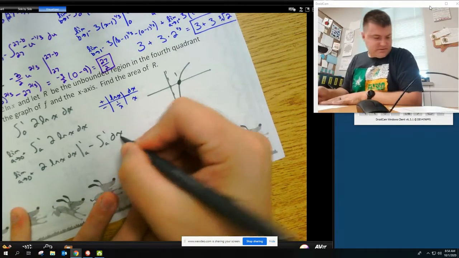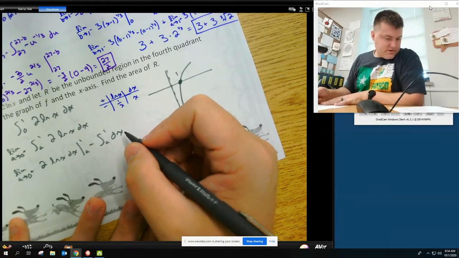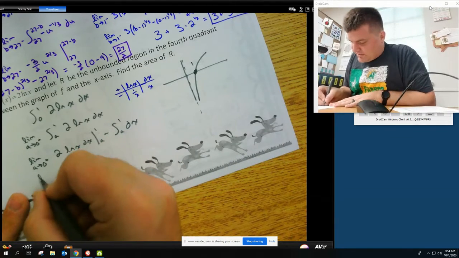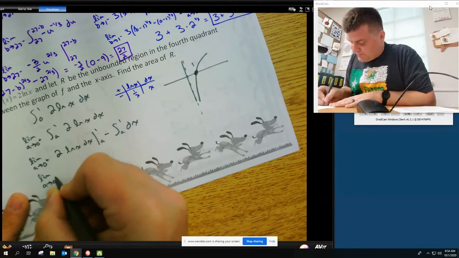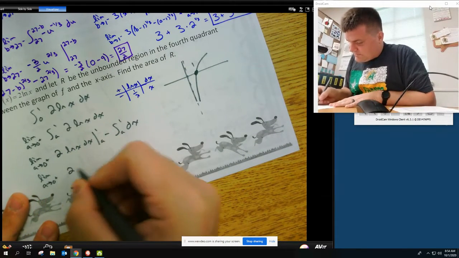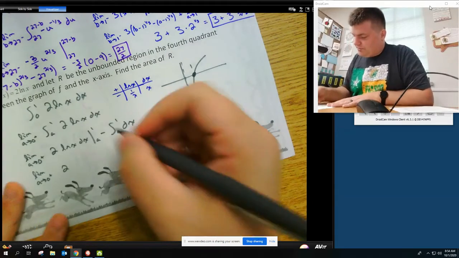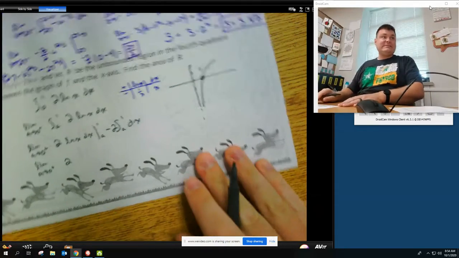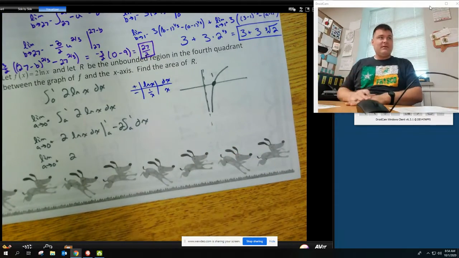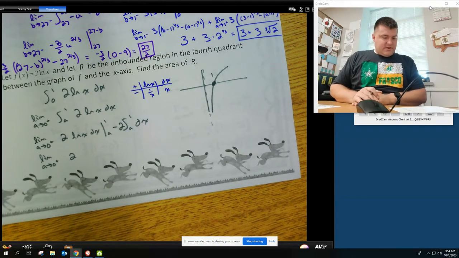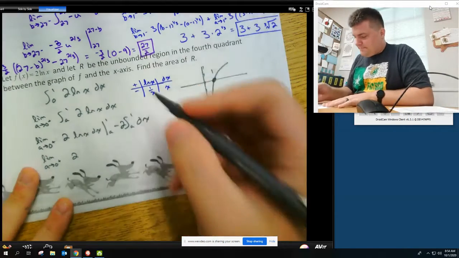So it's just going to be dx. Just checking my work here. So this is going to end up giving me the limit as a approaches 0 from the right of 2... Oh, this 2 should be right here as well. I almost forgot that, because the 2 goes to everything. I could have just put the 2 way out in front, but whatever, I didn't.